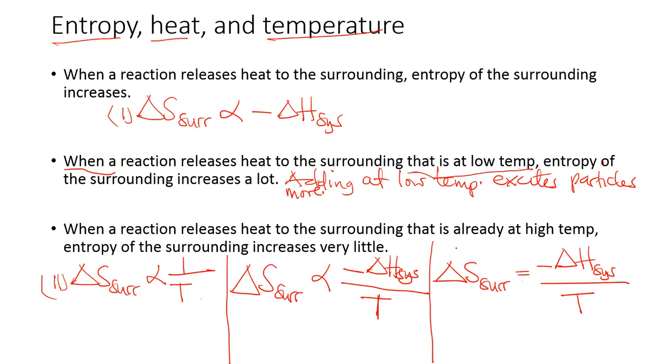So this one is an important equation about entropy. So entropy of the surrounding will be given by the negative enthalpy of the system divided by the temperature. So this is our general equation about entropy.